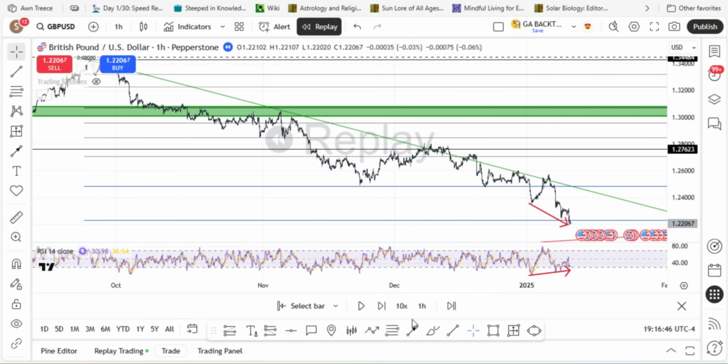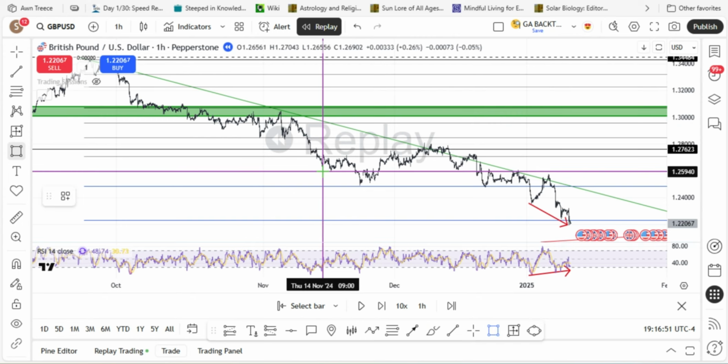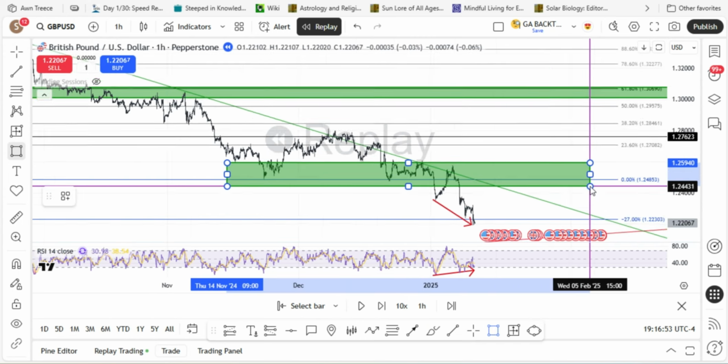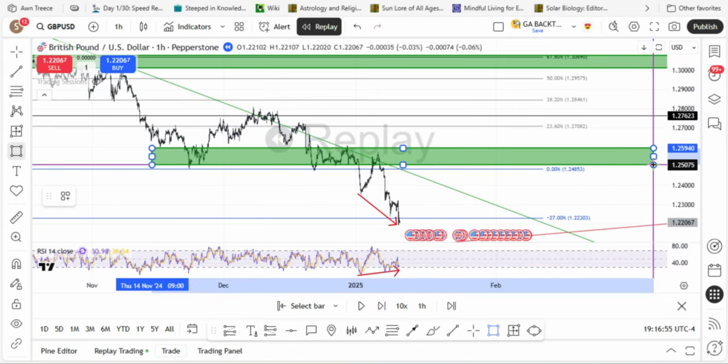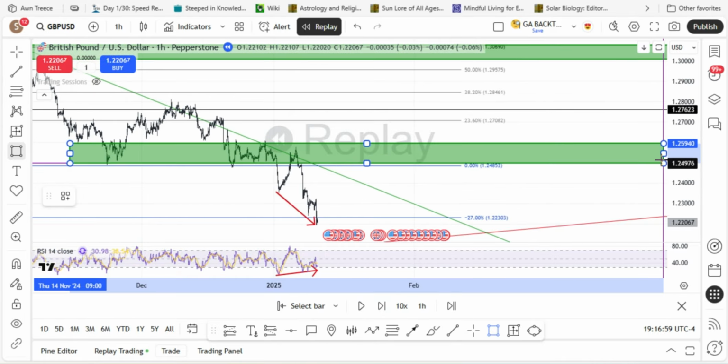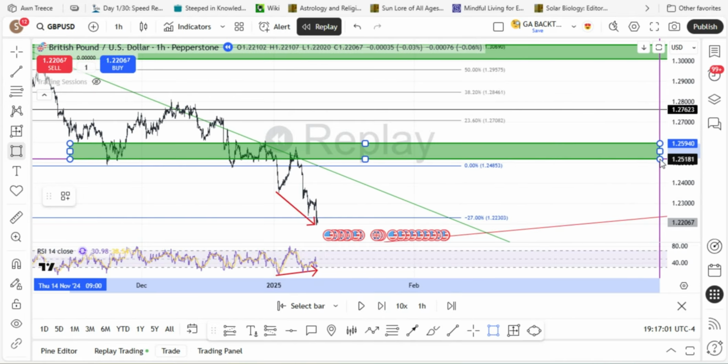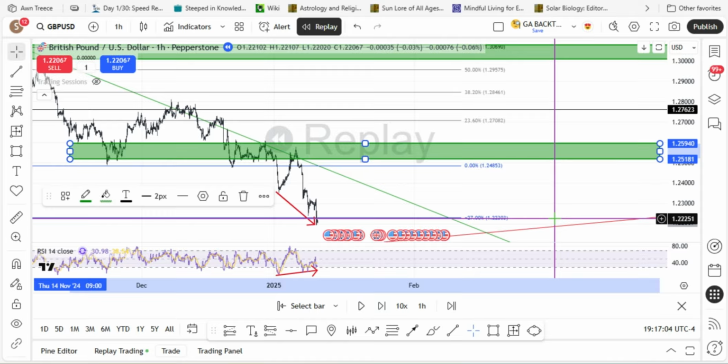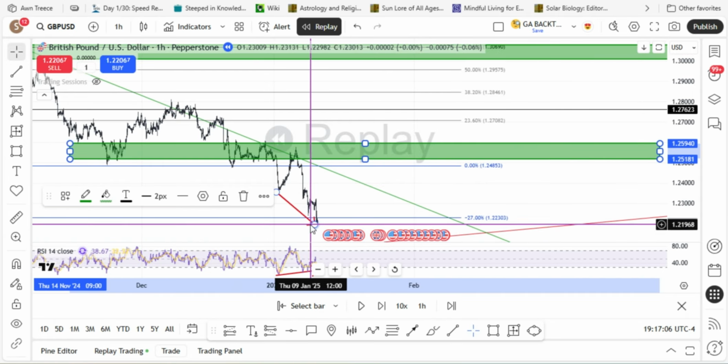I guess there could be one through here. This way we can see areas that price may want to go to.